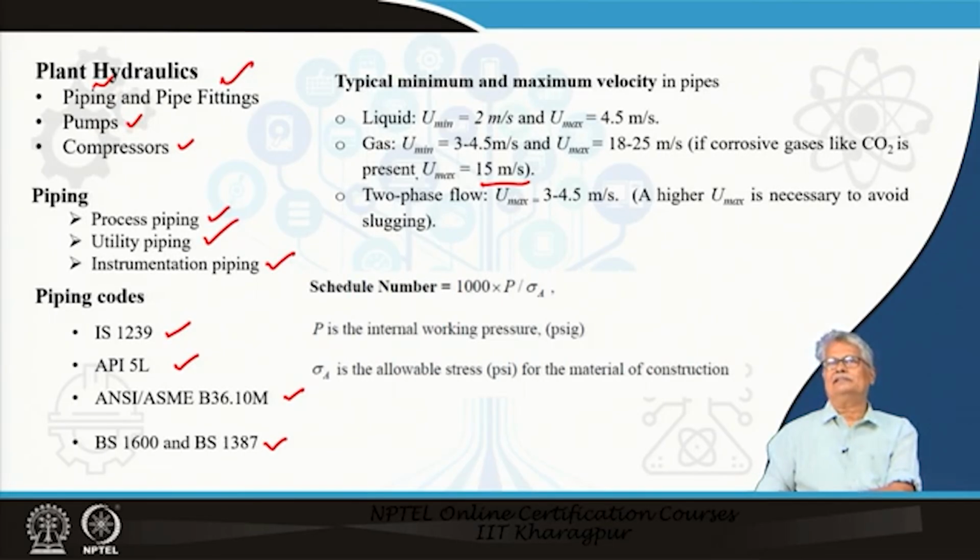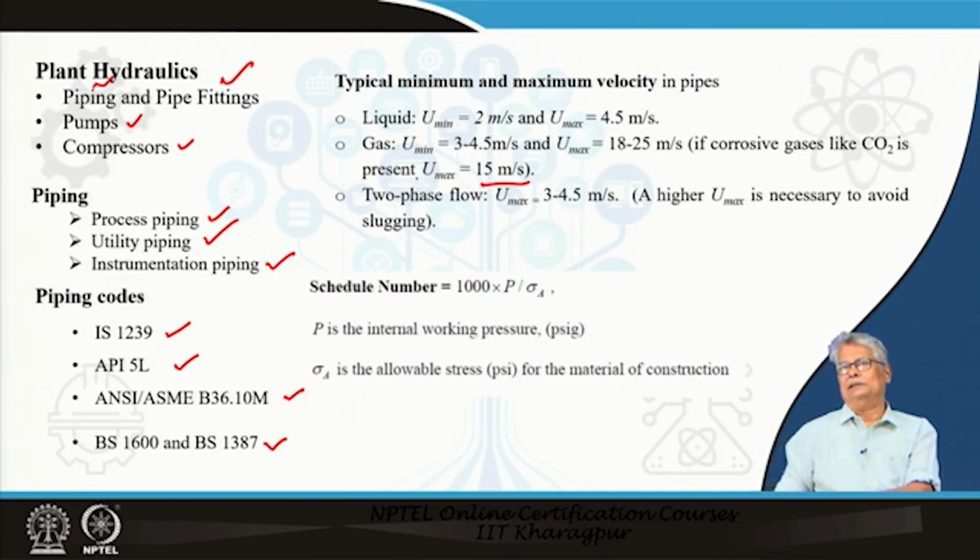This is also obvious that in case of two phase flow, particularly liquid and gas or liquid and vapor together, the maximum velocity is much lower. It is 3 to 4.5 meters per second. Here there is one more thing, you may prefer to have towards the higher Umax to avoid slugging. That means, you would not like hammering to take place, and if you have a low velocity of two phase flow, usually it leads to hammering, which is a big amount of vibration in your piping, which may even damage your piping.